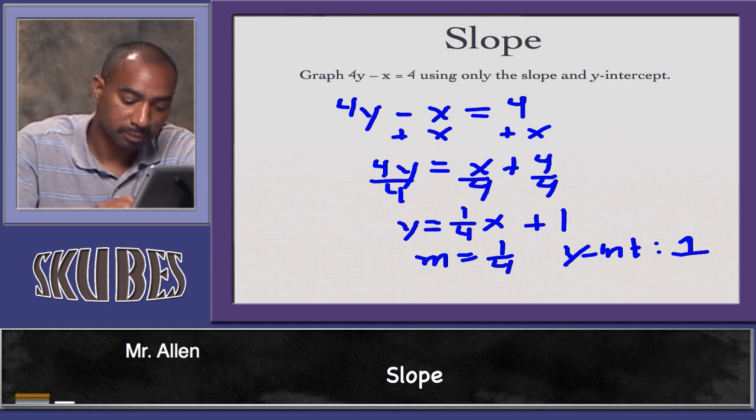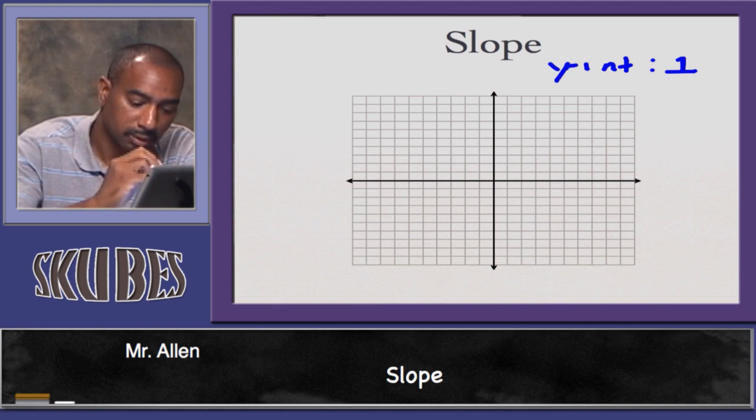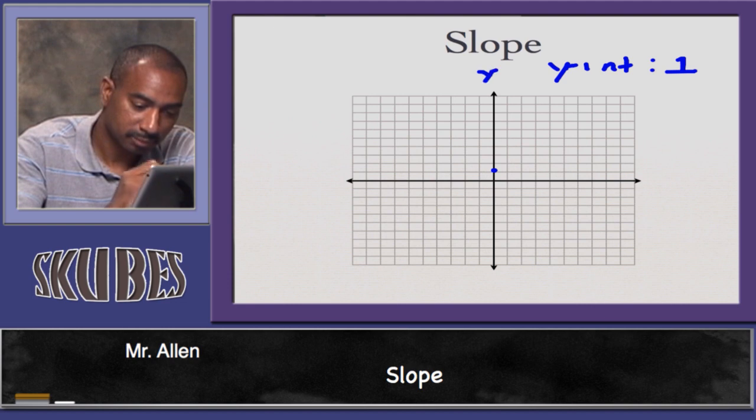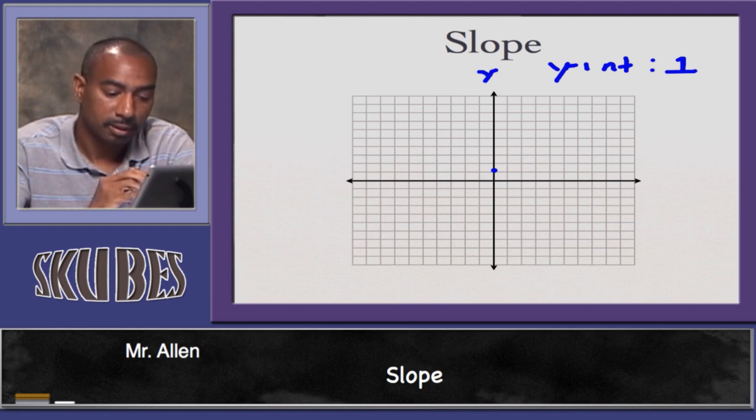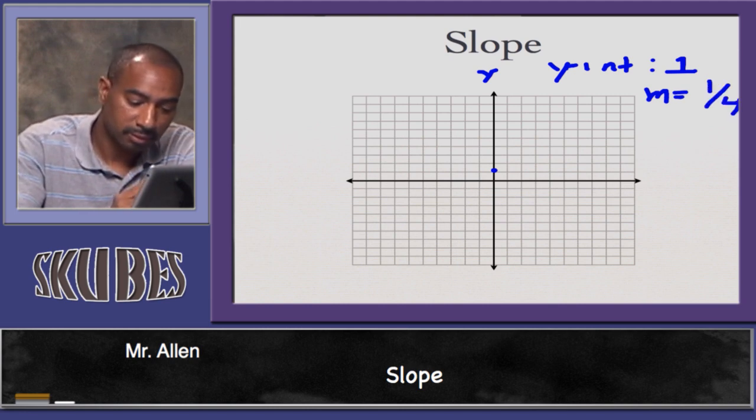All right, so you can use this. Since the y-intercept is 1, I'm going to start at 1 on the y-axis here. And our slope is 1/4. So I can run over 4. So I'm going to go 1, 2, 3, 4, and then go up 1.